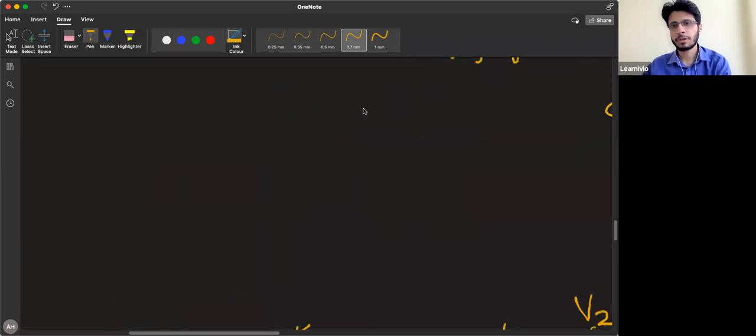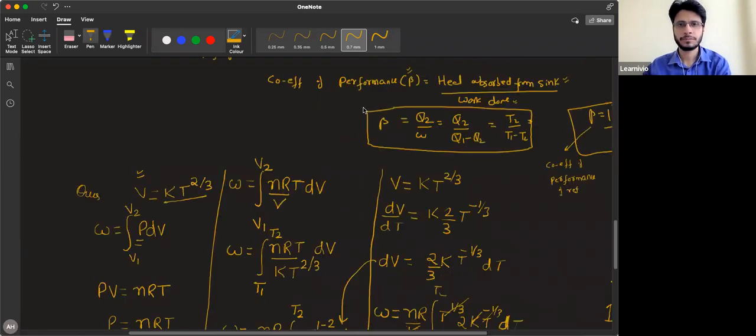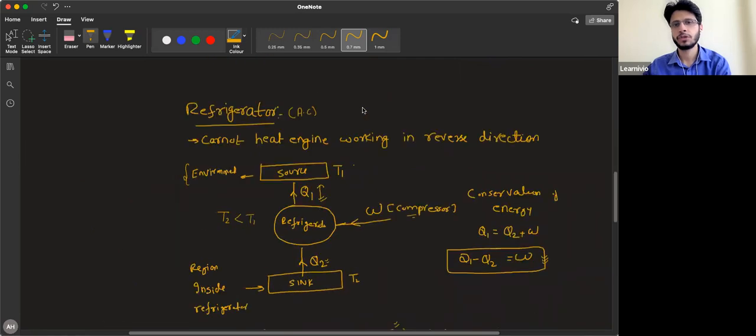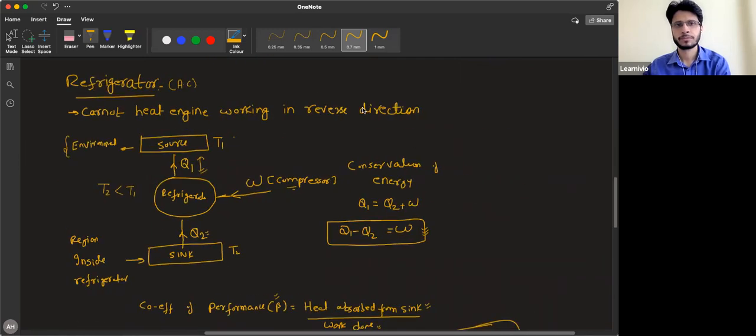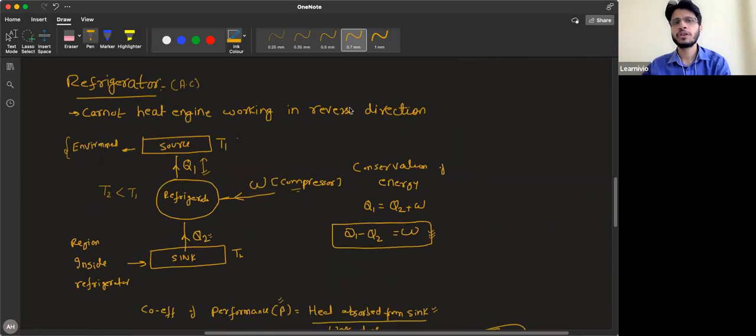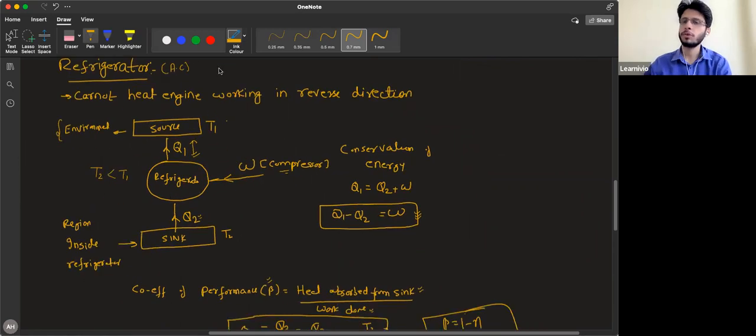The next topic is the refrigerator. The same theory is applicable for air conditioning. It is again a Carnot heat engine, but working in the reverse direction. Usually a Carnot heat engine takes heat from the source and rejects it to the sink.